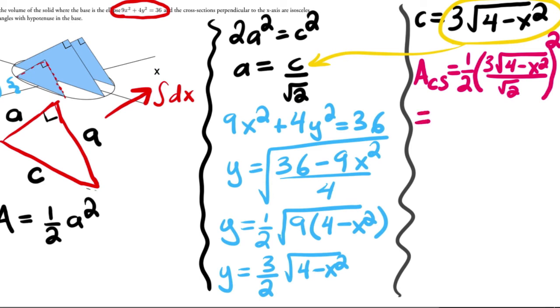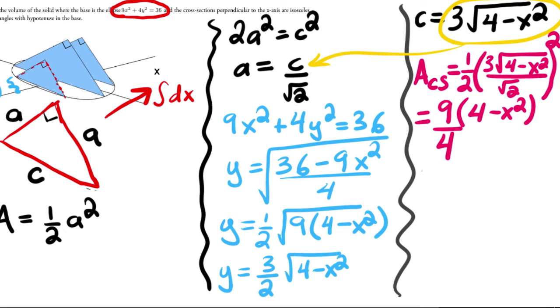Which, if I simplify, 3 squared is 9, the square root of 4 minus x squared squared is just 4 minus x squared, and root 2 squared is 2, times 2 is 4. So this is the area of the cross section.